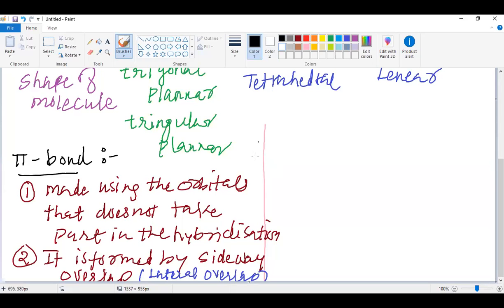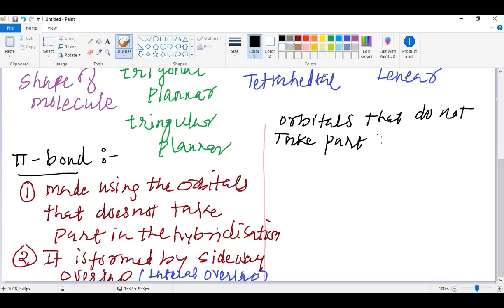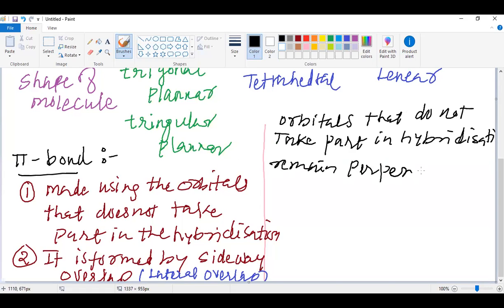This is what we can explain: the orbitals that do not take part in hybridization remain perpendicular to the sigma bond plane.